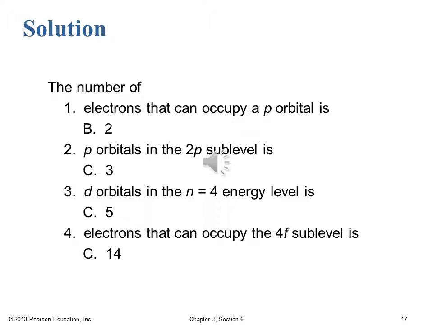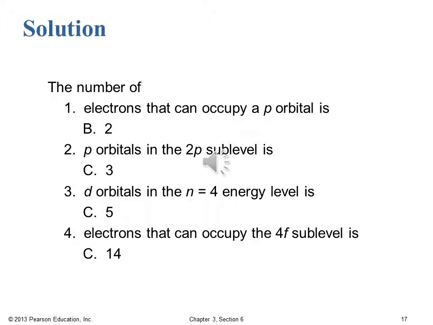Okay, so the number of electrons that can occupy a p orbital is, and be careful, this is something that we chemists love to test. We're not so much testing your concept mastery as your ability to read carefully. So there are 3 p orbitals, and the p sublevel can hold a total of 6 electrons, but any one p orbital, any one of any orbital type, can only hold 2 electrons.